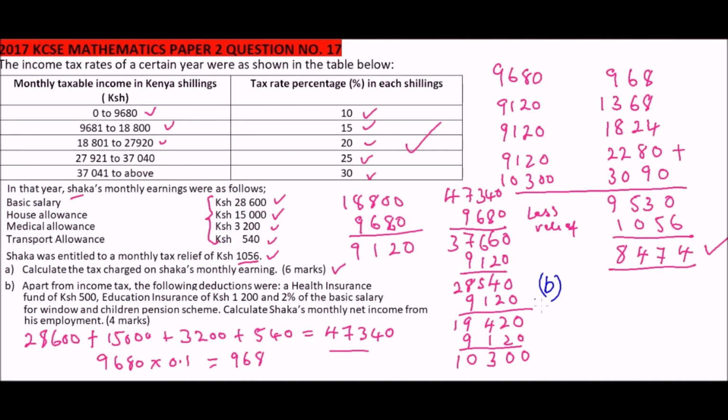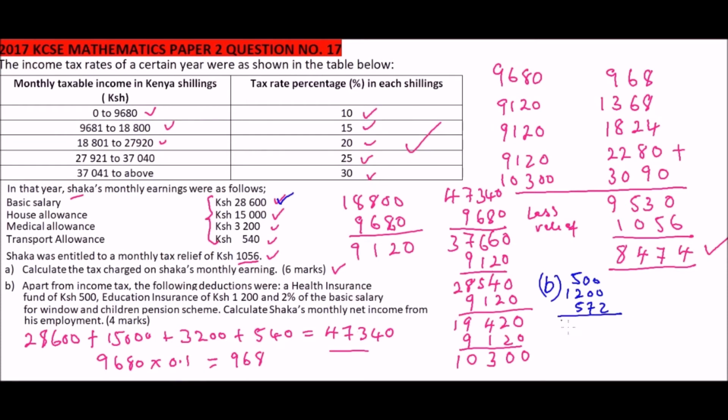So we total up these deductions. We have 500, 1,200, and 572, which is 2% of 28,600.